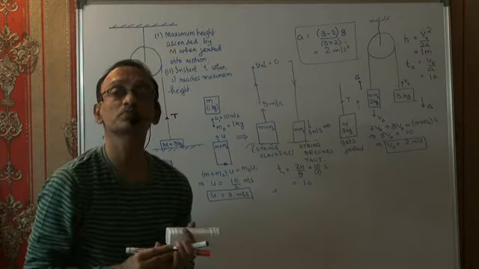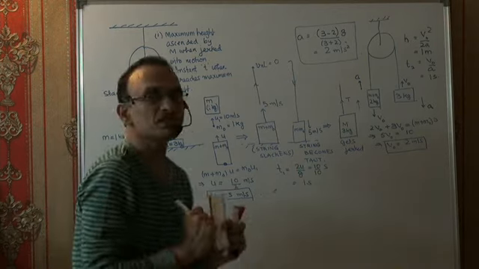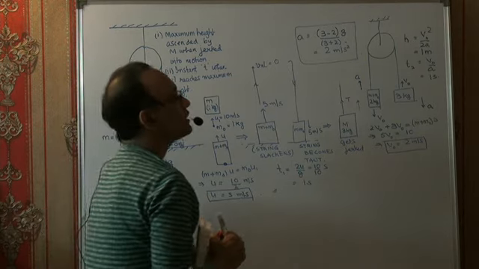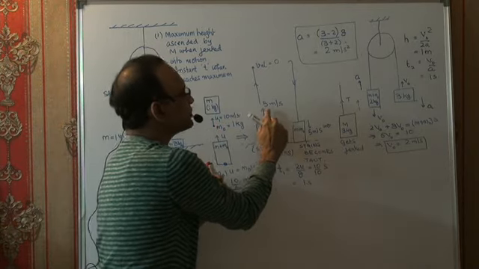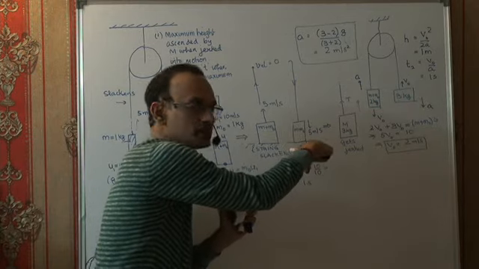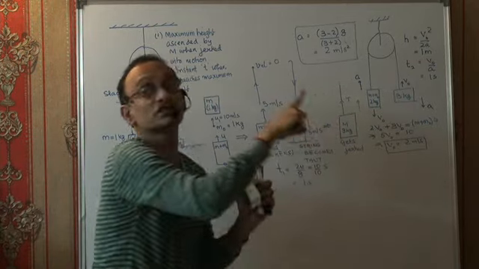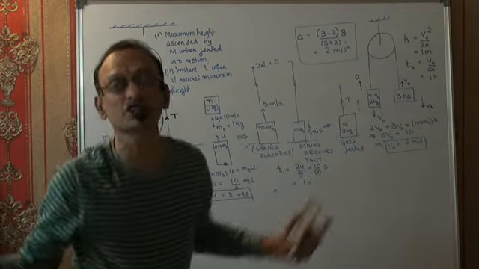Just before the impulse, this combined mass had a velocity of 5 meters per second downwards, and this mass had zero velocity before the impulse of tension, or before the jerk.